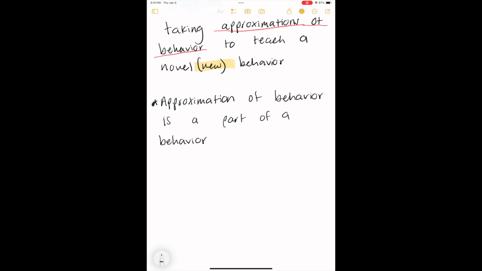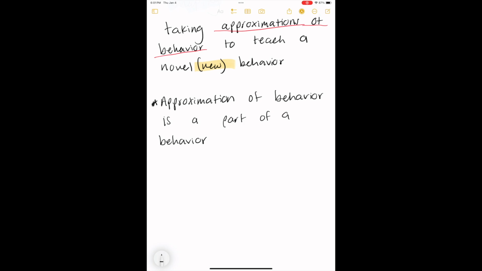That's one of the words you're teaching them, book. The correct way to do that would be a prompt, right? Say book, right? Or you would just say book, right? Say book, right?